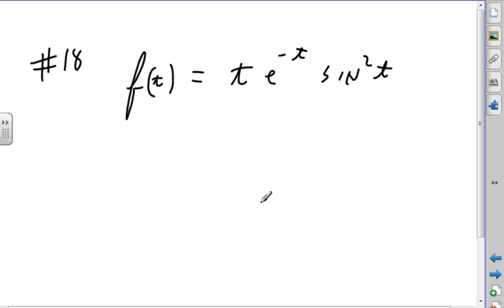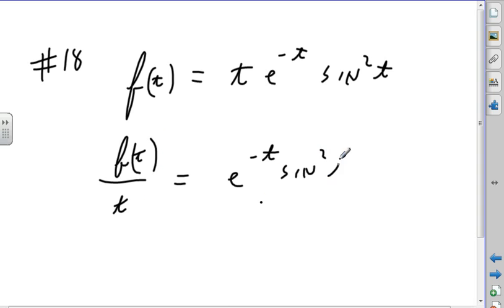Number 18, apply either theorem 2 or 3. Okay, so I'm going to apply theorem 3. And I'm going to say f of t over t is equal to e to the minus t sine squared t. Okay. F of t over t is e to the minus t sine squared t.